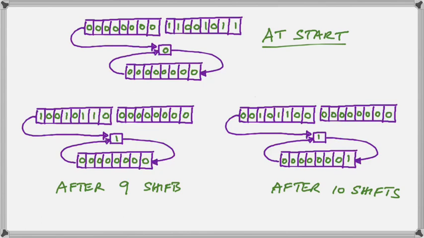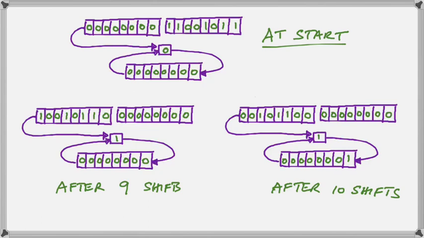Now, we're not going to show all the individual shifts because after each shift, the dividend will shift. But after 9 shifts, in the next diagram you see below, the dividend has moved into the H register or high order register, and 1 bit has come out into the carry.